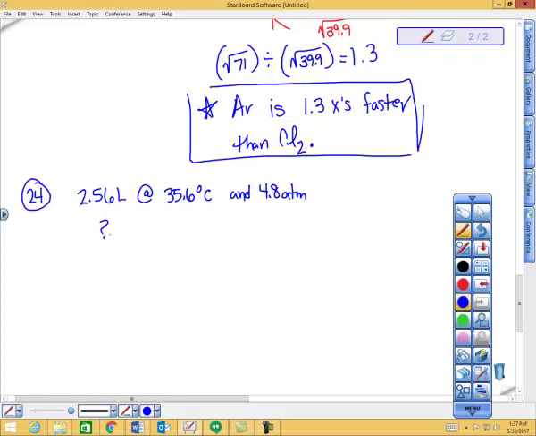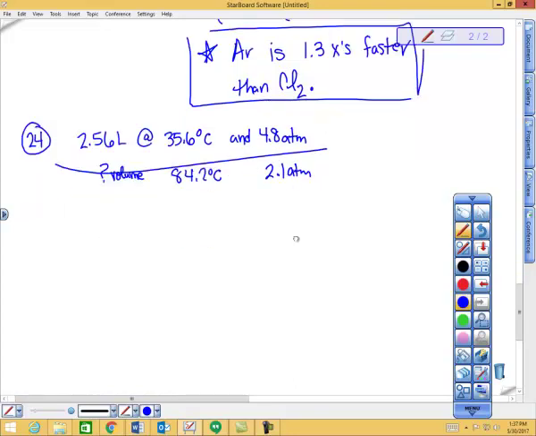What is the volume if the temperature changes to 84.2 degrees Celsius and the pressure changes to 2.1 ATM? You'll notice I kind of lined it up: initials on the top, finals on the bottom.